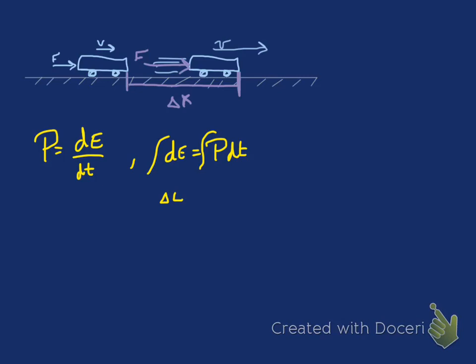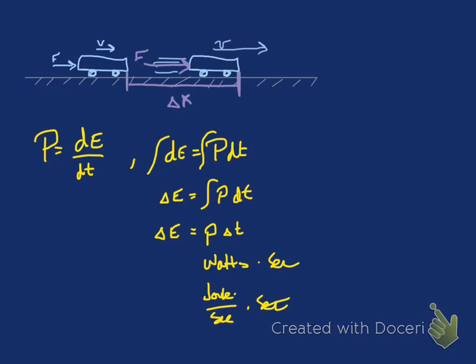But we can manipulate this so that our change in energy equals power times the change in time. And so there's our integral, that our change in energy is going to equal the integral of power times time, or P delta T, which is watts seconds, which is also just a joule per second times a second, which gives us joules.